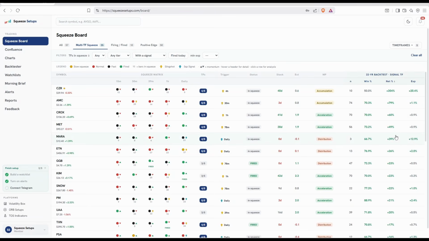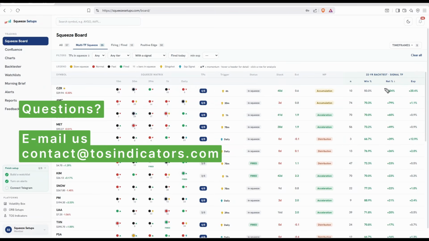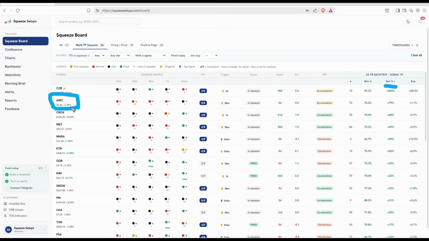Well, the first easy, simple way I can think of, start by filtering on the squeezes, but this time based off of where we see the highest net percentage. There, number 2 on our list stands out. That's AMC. We have 5 out of our 5 time frames here, the 15, the 30, the 39, 1 hour, and daily squeezing. We already know that AMC has a tendency to run, especially if we have short interest on our side.